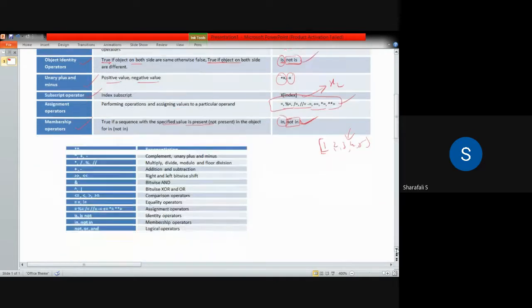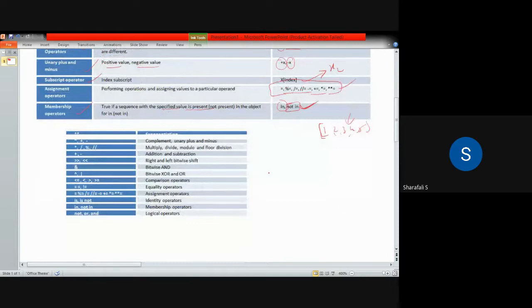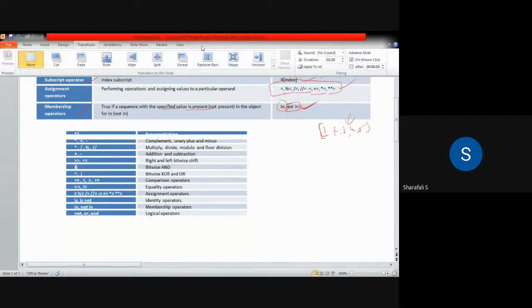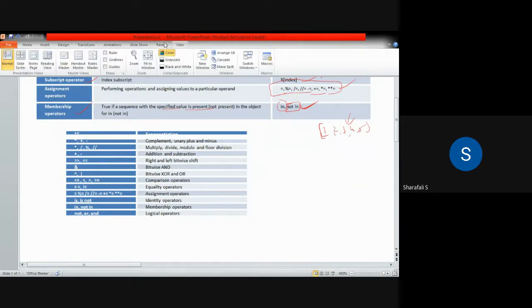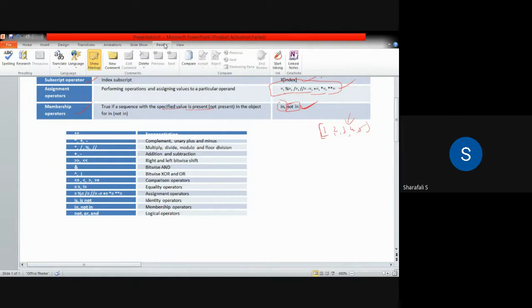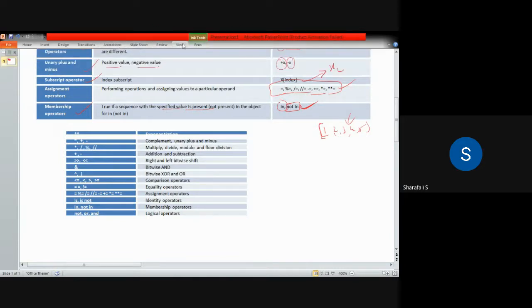And we also have some priority for these operators. If you are using multiple operators in a code, in an instruction, then which operation has to take place first? That is also something we have to consider, right?